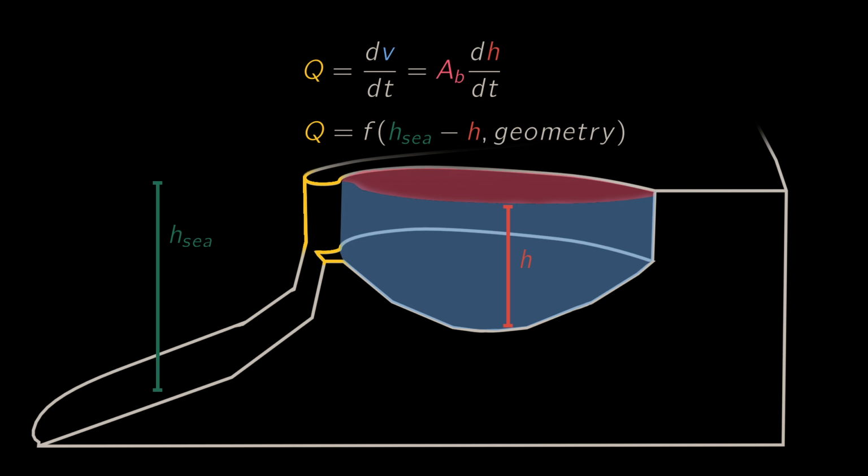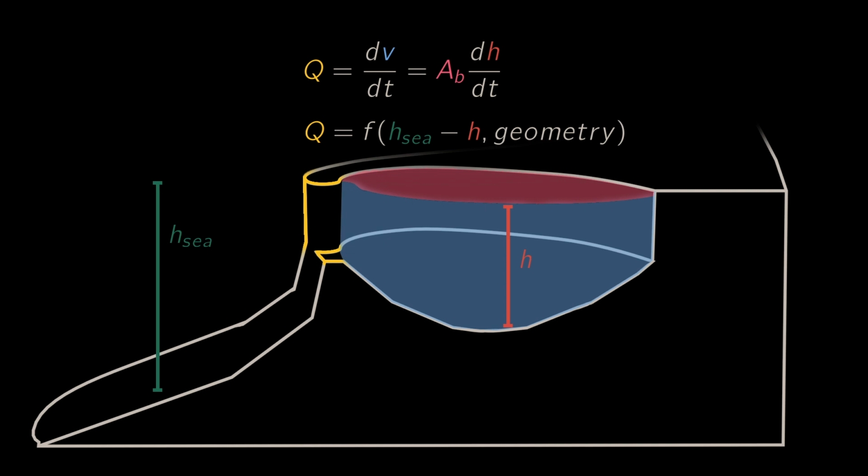First of all, the discharge in the gap depends on the difference between the water level at sea, h_C, and that in the basin, h. When the water level at sea is lower than that in the basin, water flows from the basin towards the sea, and the discharge Q is negative.